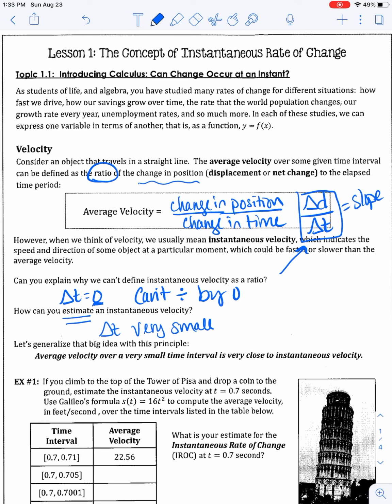We're going to generalize this big idea with this principle. The average velocity over a very small time interval is very close to instantaneous velocity. Not exactly, but it's a good approximation.